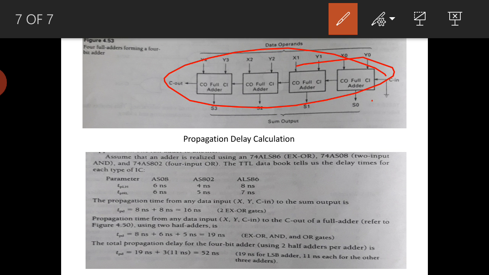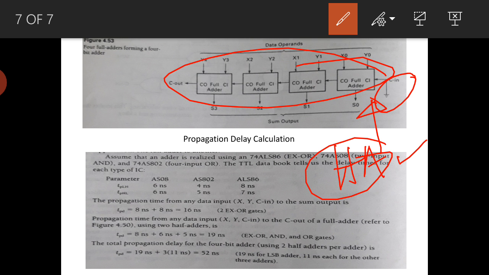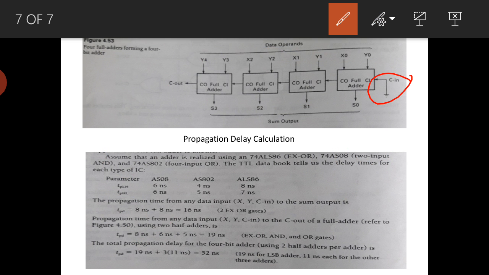And one more thing, only the first full adder we can replace with a half adder, because usually the carry will be 0. I want to add only A and B, I don't have a third input initially, so the first carry will act as 0, so we can use only a half adder, because a half adder has 2 inputs and 2 outputs.